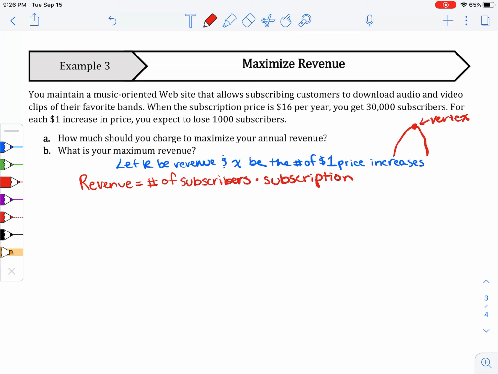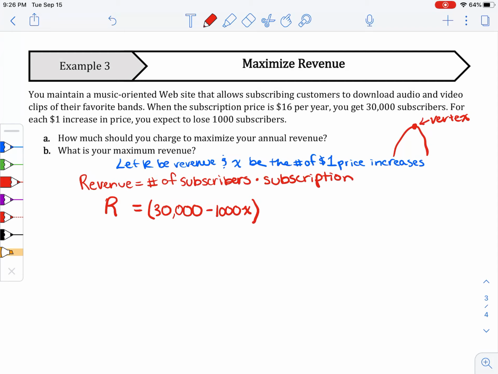So my revenue here, we're just going to call r, or you could say r of x. And that's equal to my number of subscribers. So for my number of subscribers, you're going to take your total 30,000 subscribers minus 1,000 subscribers per price increase. Okay, so you're going to have another problem that follows this exact form, so make sure you know where each of these are coming from.